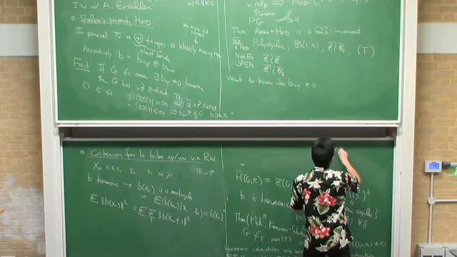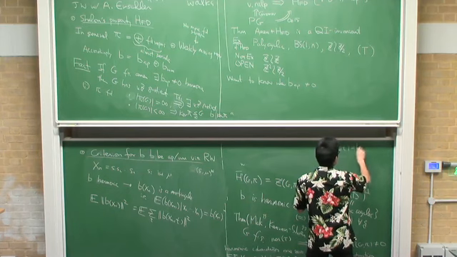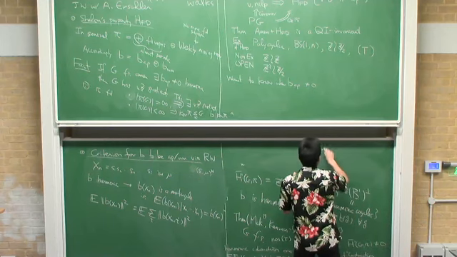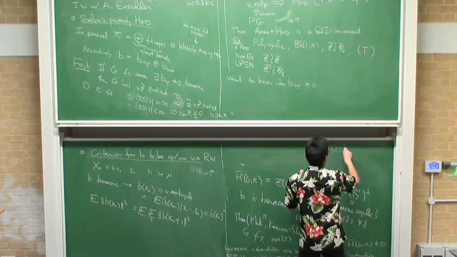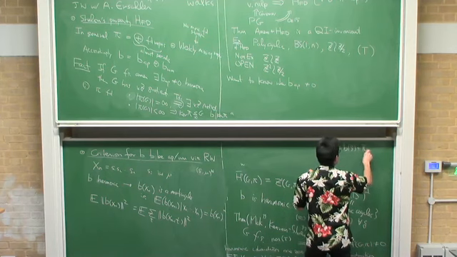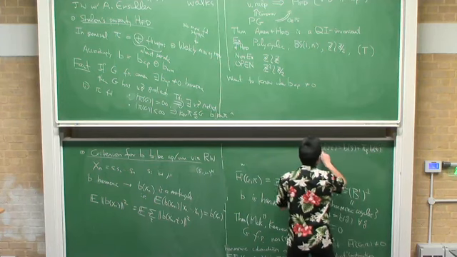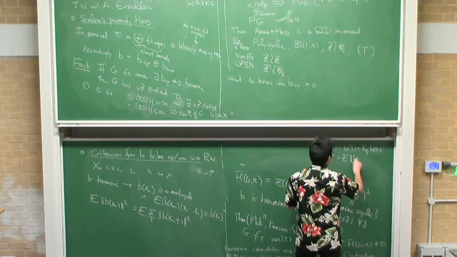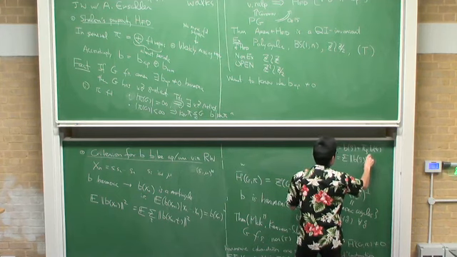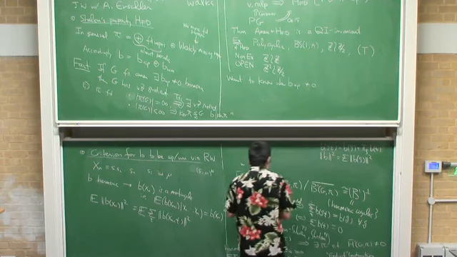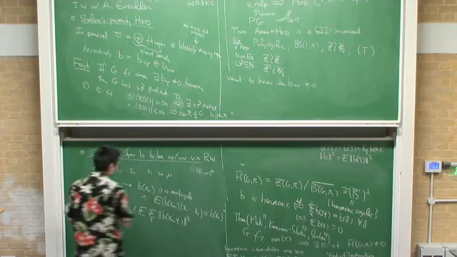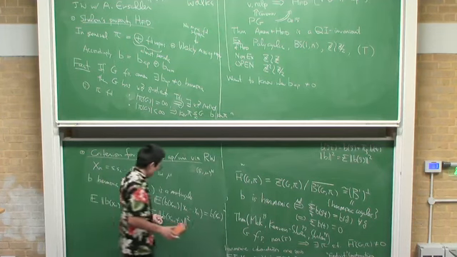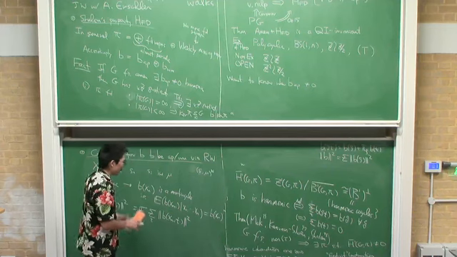I write an important thing here. Then this is B(x_{n-1}) plus pi(x) B(t).